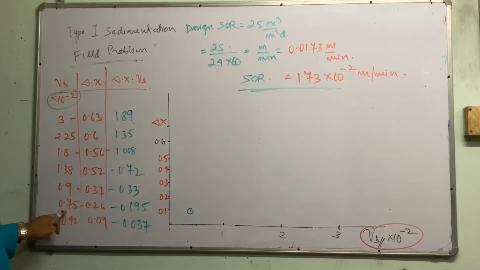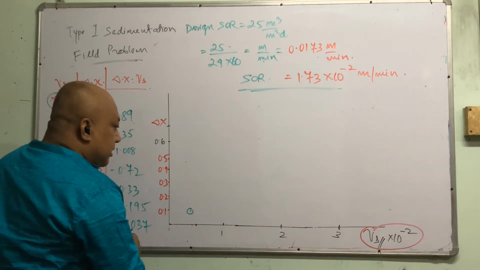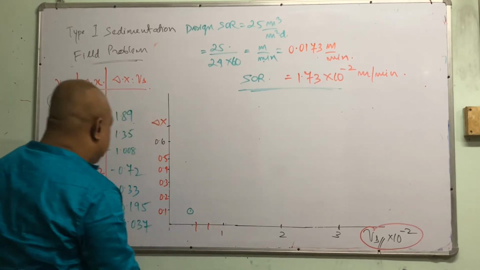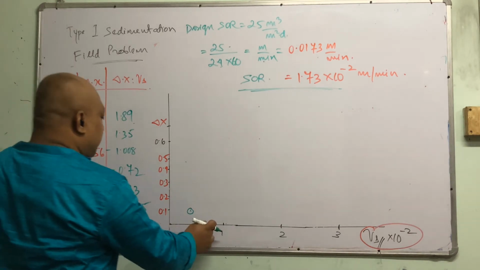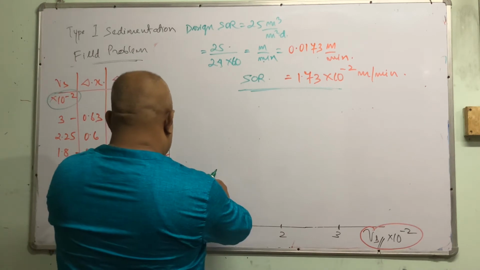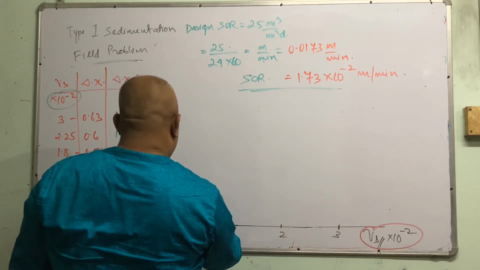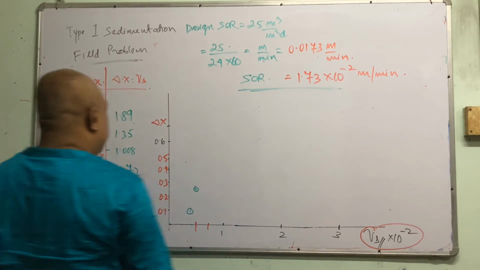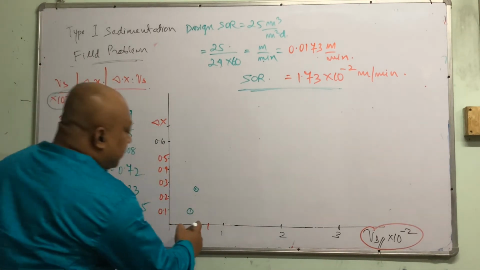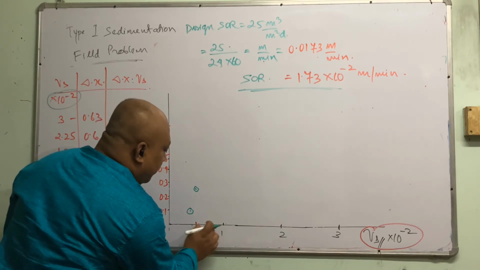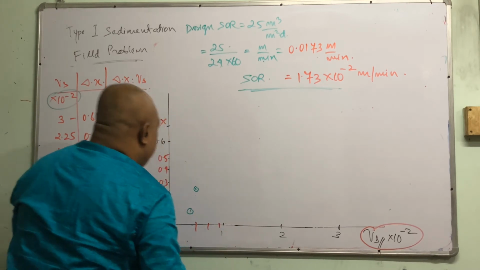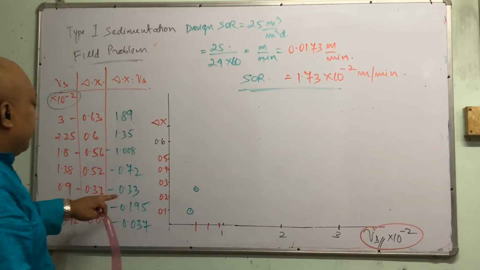Next one is 0.75, which is here, and 0.75 is 0.26. Then 0.9 is 0.37. 0.9 is around here.